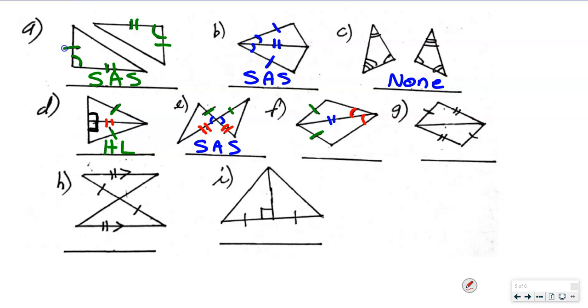It cannot go side side angle or angle side side. That angle has to be in between the two sides, and this is not in between or not included in those two sides. So this is none.